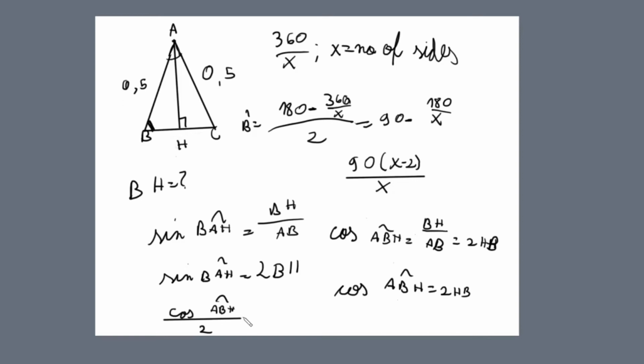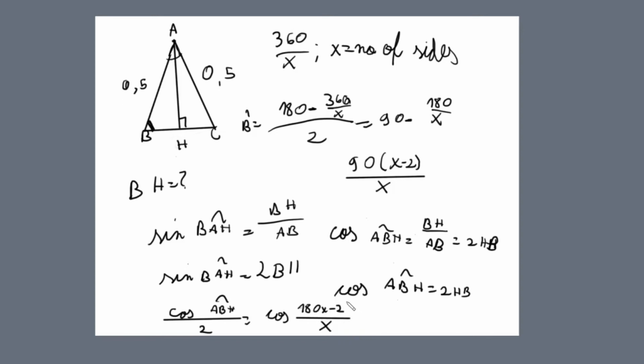Perfect. And that's equal to the cosine of 180x minus 2 over x. That's perfect so far.